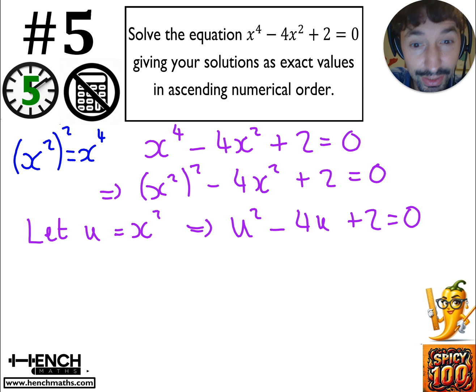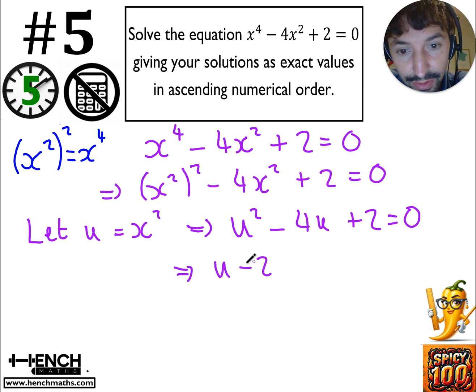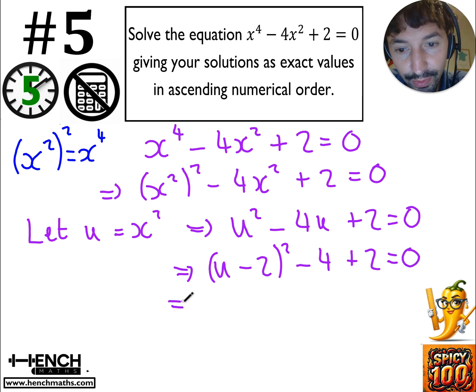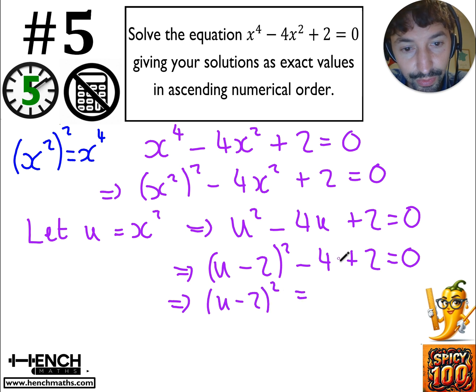I'm going to use completing the square to do this. So we're going to get u subtract 2 squared, so we halve the negative 4, and then we take away 2 squared, so minus 4 plus 2 equals 0. Rearrange this, and we get u subtract 2 squared equals 2, taking the negative 2 over.